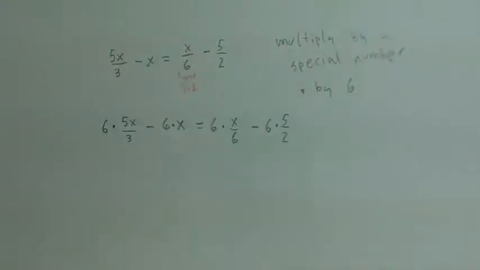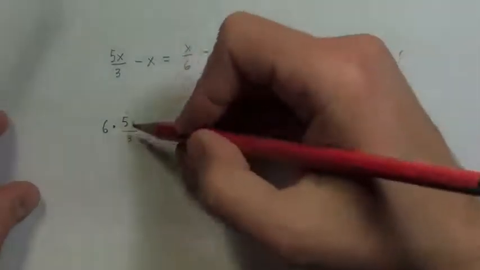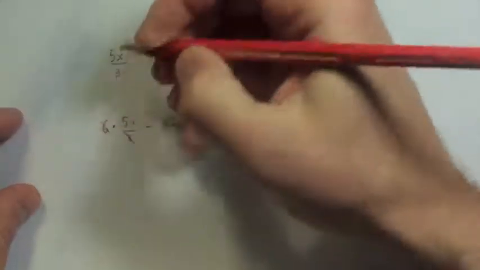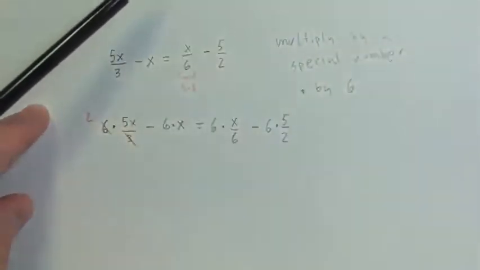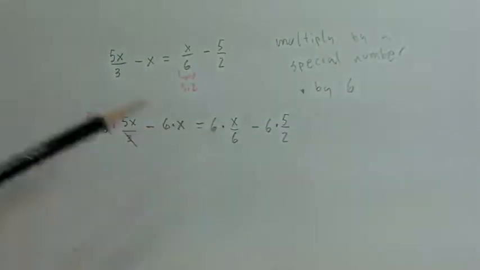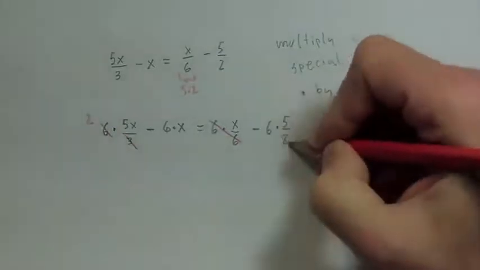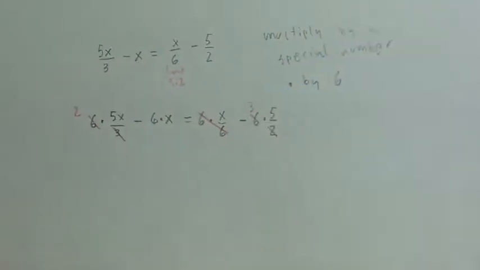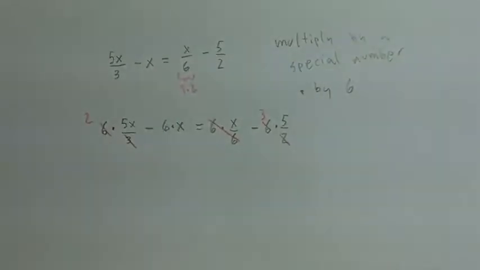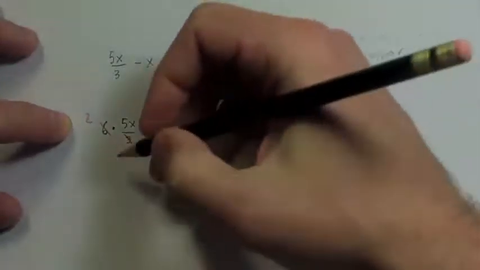It doesn't really matter how you write it, but once we multiply everything by 6, all of our fractions start to cancel. Right? This 3 cancels with the 6 and leaves a 2. Okay. These 6's just straight up cancel, and this 2 cancels with the 6 and leaves a 3. Okay. And so then, let me rewrite this.